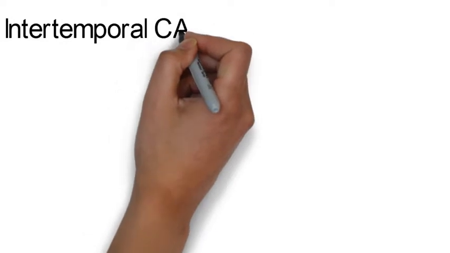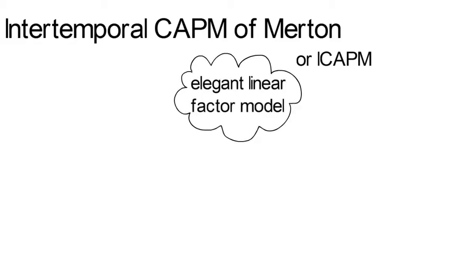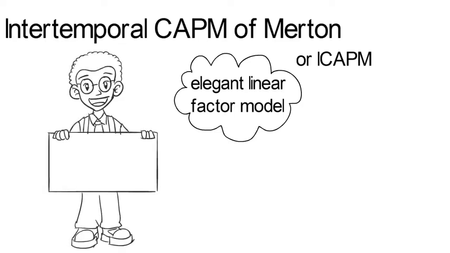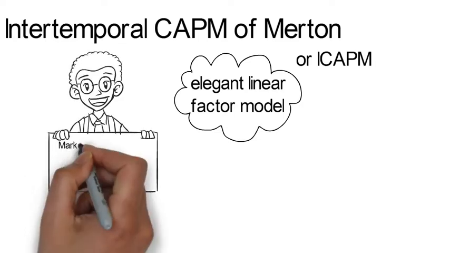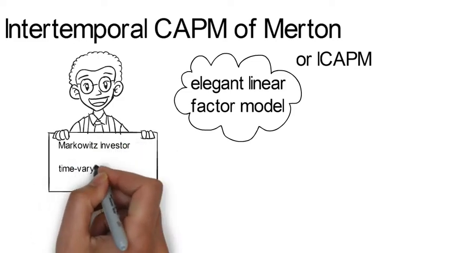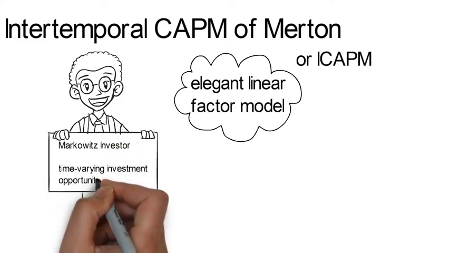Now the intertemporal I-CAPM of Merton, also called the I-CAPM, is an especially elegant linear factor model. In a 1973 publication of Professor Merton, a Markowitz investor is confronted with a time-varying investment opportunity set.